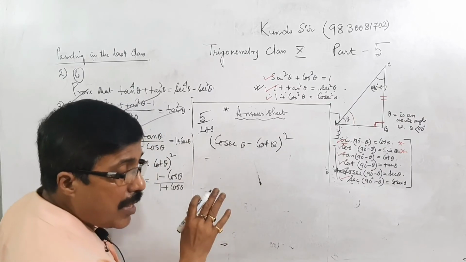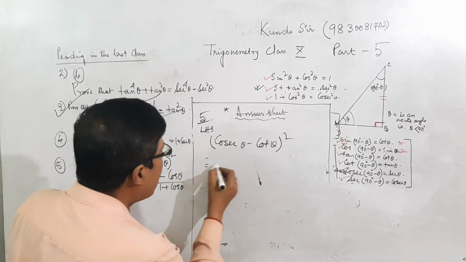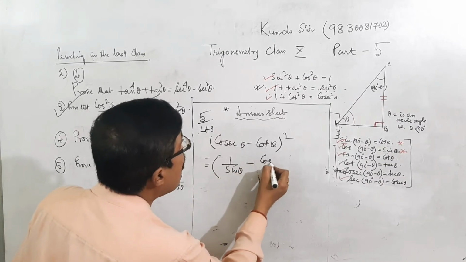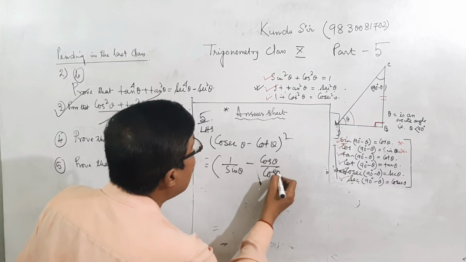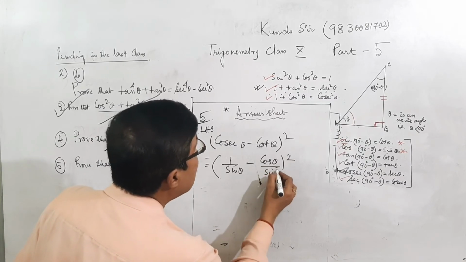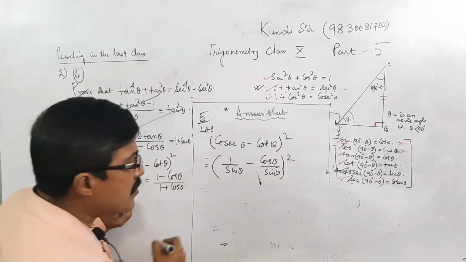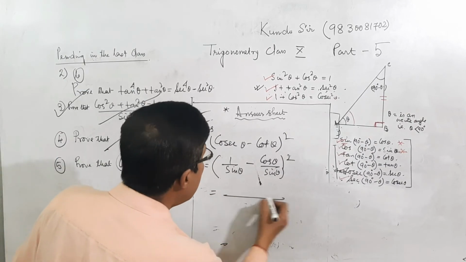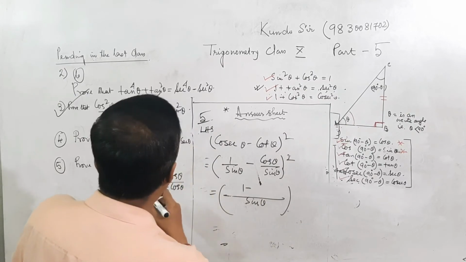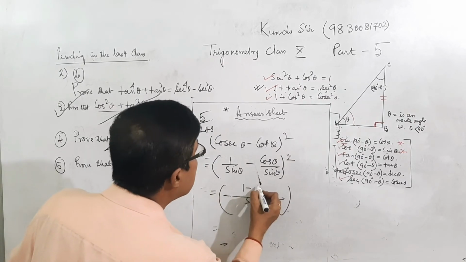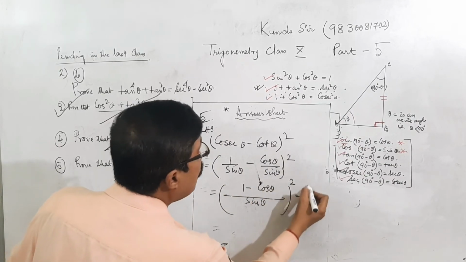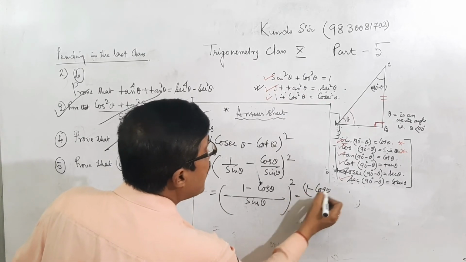We are keeping the whole square as it is, and we are writing here 1 by sin theta minus cos theta by sin theta whole square. The denominator is sin theta, and we get 1 minus cos theta whole square.